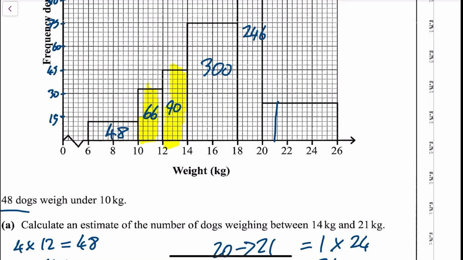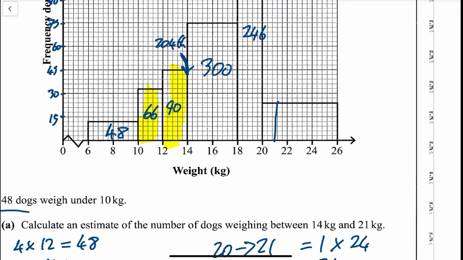And then we already know that this one is 300. But if you count up to here, 48 plus 66 plus 90, up until this point is the 204th value. So that's the 204th value is this point.